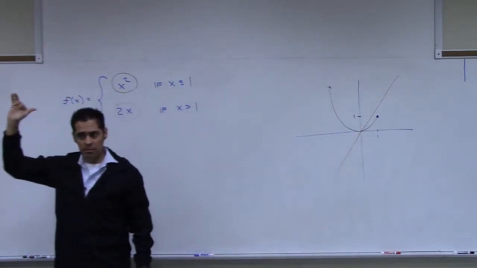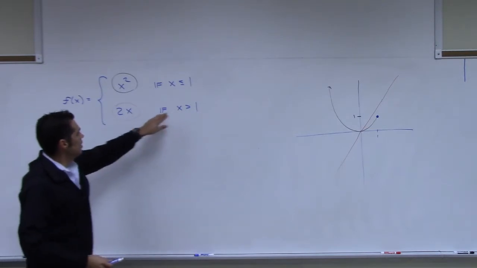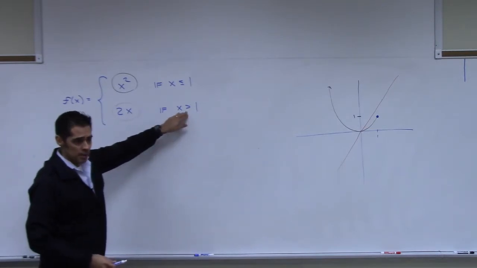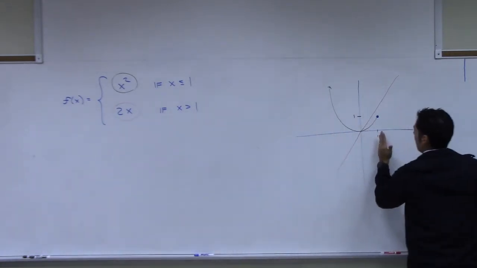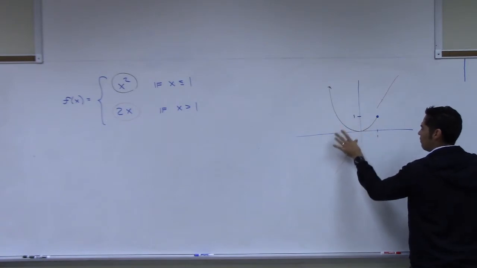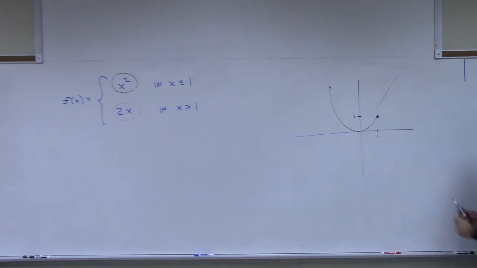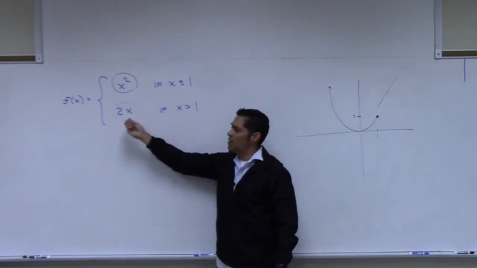Make sense? Now, what about the red one? The red one is to the right of 1, yes? So when I come over here to 1 and look up, I'm supposed to erase this stuff to the left so that my line only goes this way. Now, are we supposed to plug 1 into this function? If I plug in 1, does it go into this one?